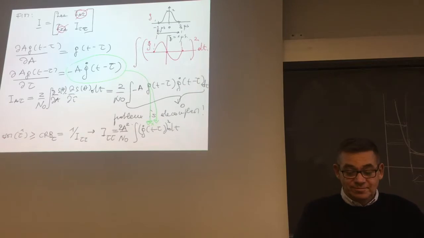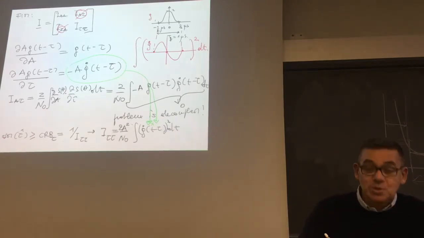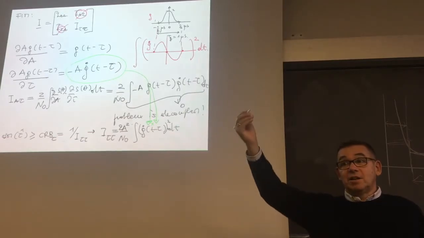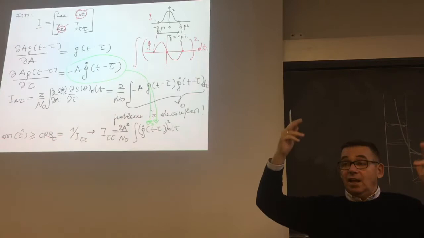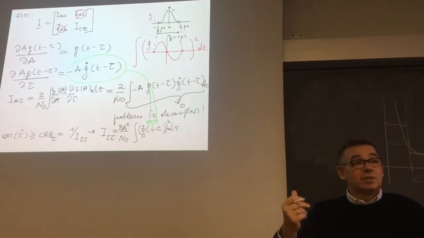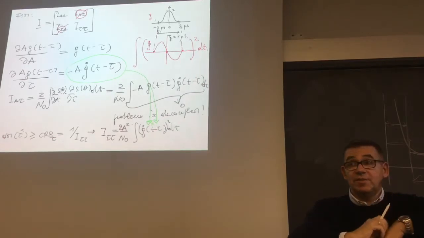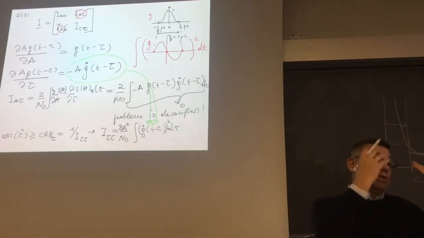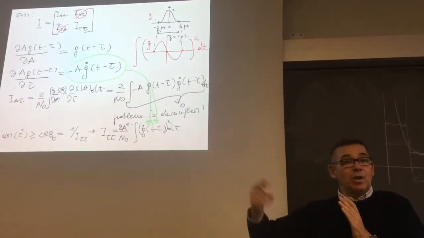Who is not following? The square of a sine is a sine square, and what is the integral of a sine square? It is the period divided by 2. If you don't like it, consider that a sine square is equal to 1/2 plus 1/2 cosine with the double frequency.